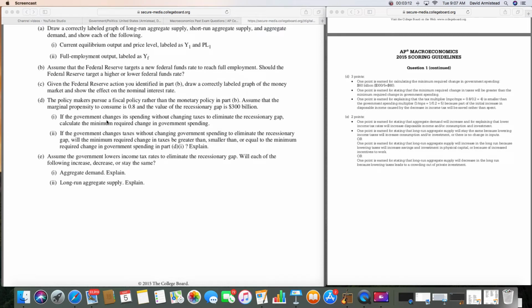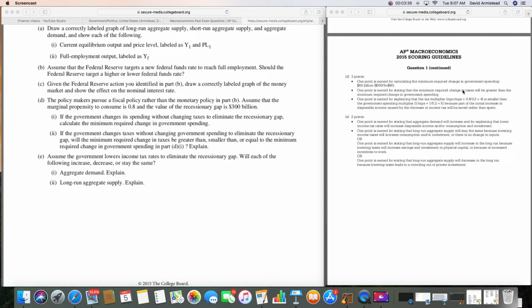If the government changes its spending without changing taxes to eliminate the recessionary gap, calculate the minimum required change in government spending. They say 1 point is earned for stating that the minimum required change in taxes will be greater than the minimum required change in government spending. Okay, the reason being is the tax multiplier is 1 less than the spending multiplier.